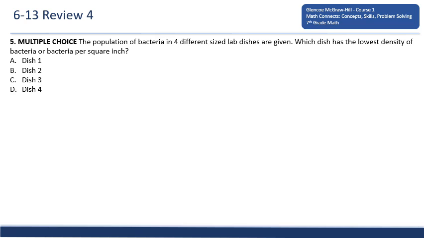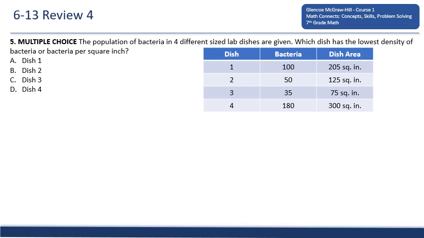Number 5, multiple choice. The population of bacteria in 4 different size lab dishes are given. Which dish has the lowest density of bacteria, or bacteria per square inch? So they give us a table, and it gives us the bacteria and how many square inches for each dish. And we need to figure out how much bacteria per square inch.